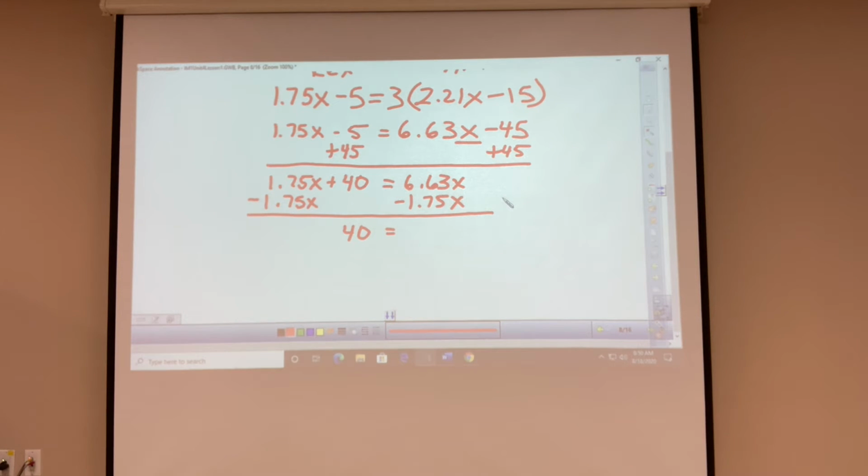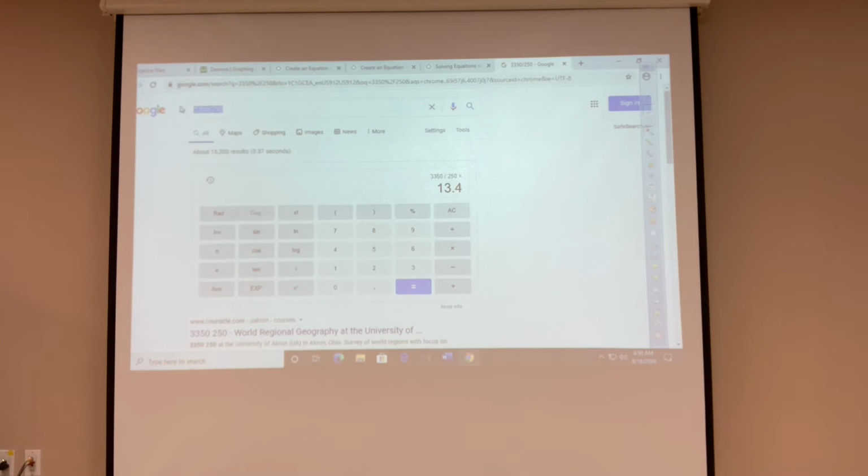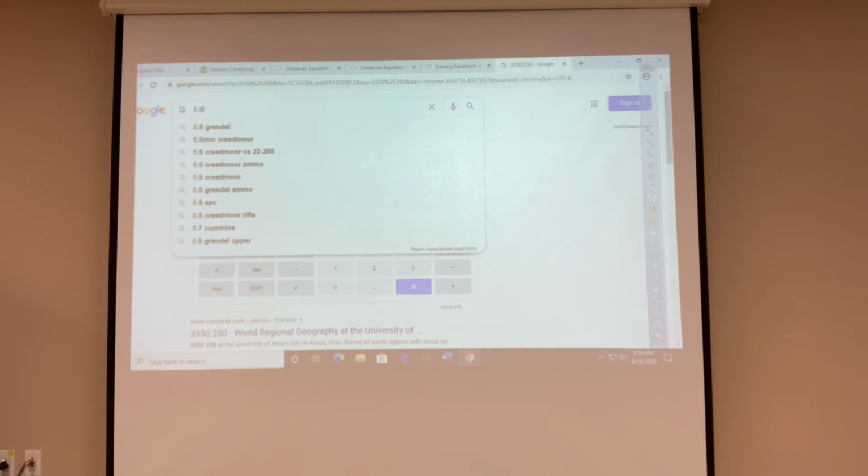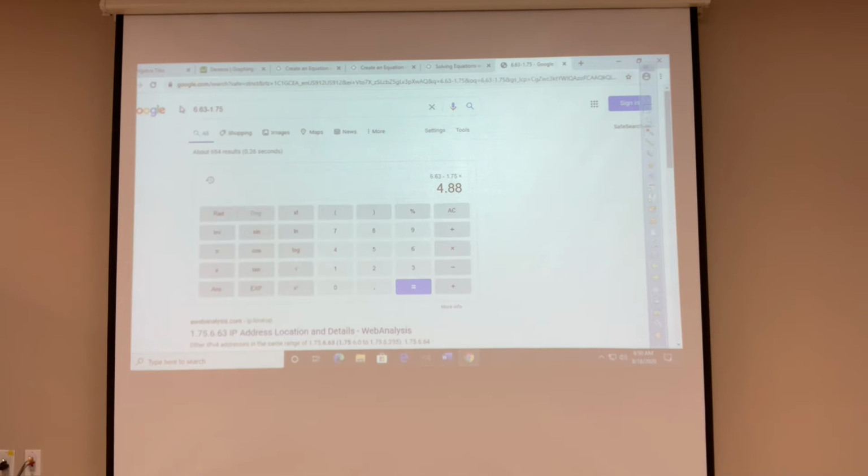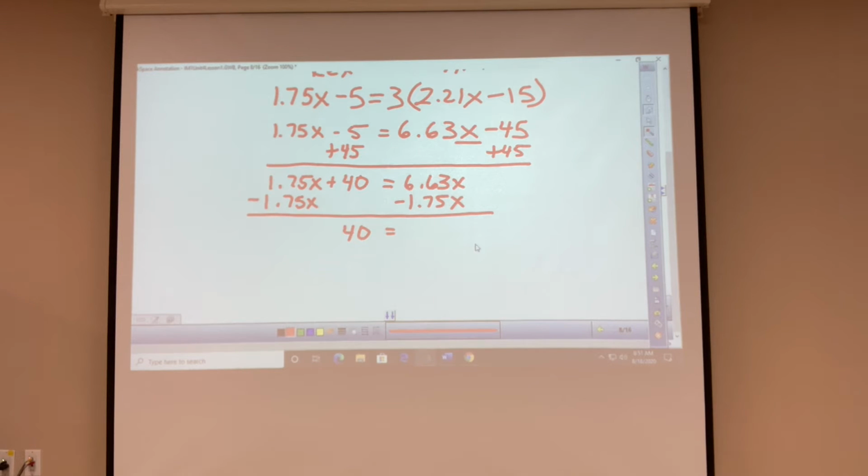6.63. We need to pull up the calculator anyways. So 6.63 minus that 1.75 equals 4.88. So we have 4.88 x's.